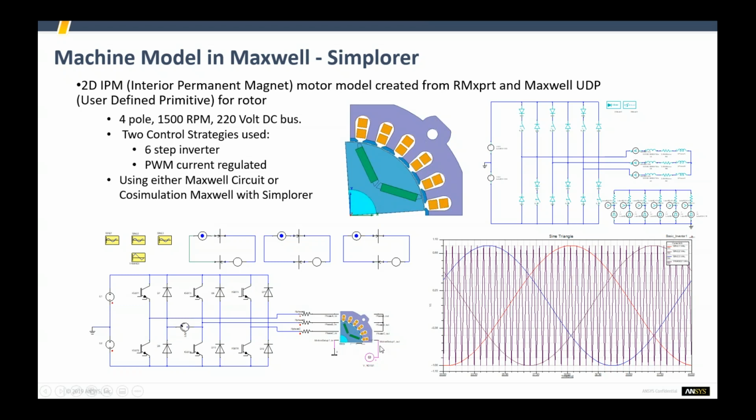On the left side of that schematic, it's identical to that in Maxwell, but on the right side, we can see that the resistors and inductors that represent the machine are replaced by a Maxwell component block in Simplorer. So it's really a coupling technique in Simplorer.